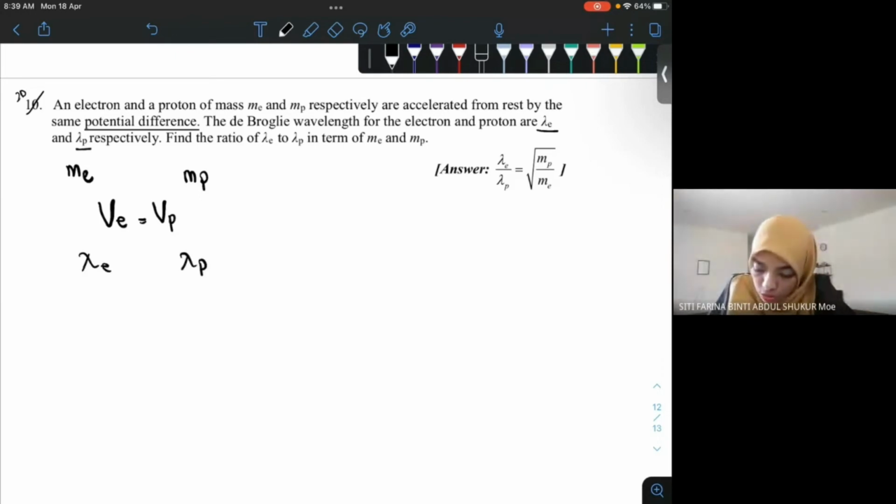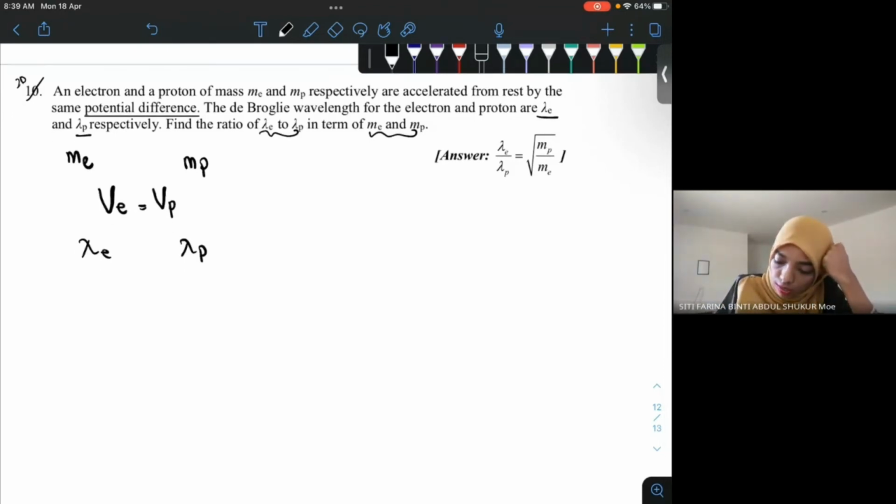Okay, so dia suruh cari what is the ratio in terms of mass. The ratio of the wavelength in terms of the mass dekat sini. Okay, so dekat sini apa yang akan jadi adalah because you are going to find the relationship in terms of mass dekat sini. Kita akan tengok lambda kita is equals to h over p, where your p here, momentum here is given as mv lah kan.